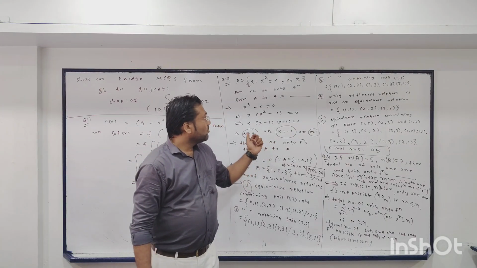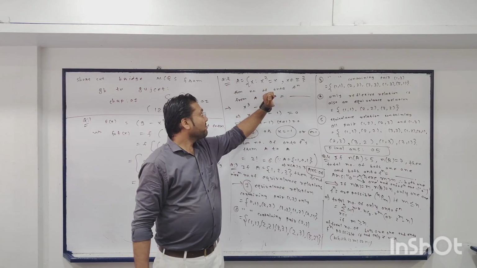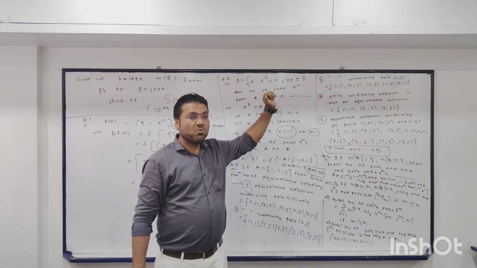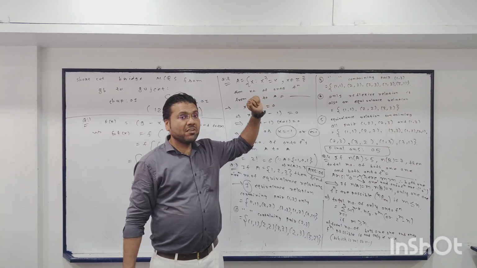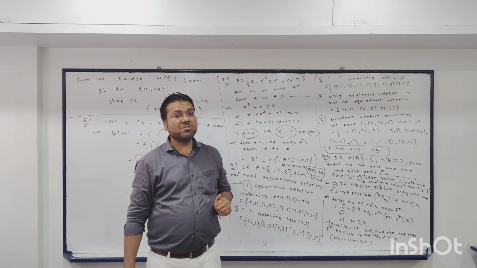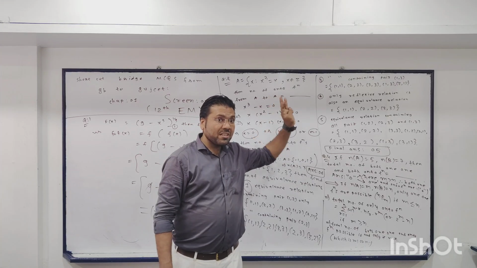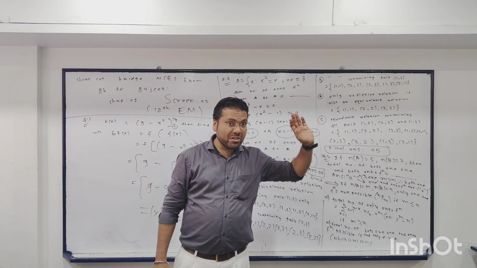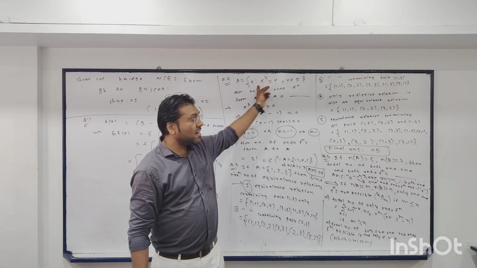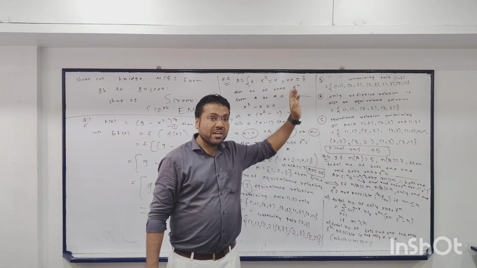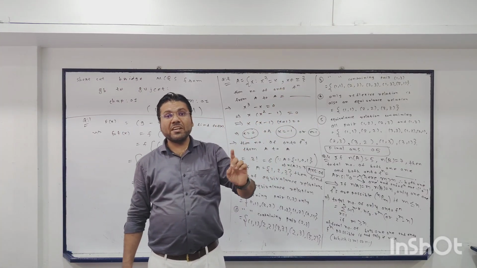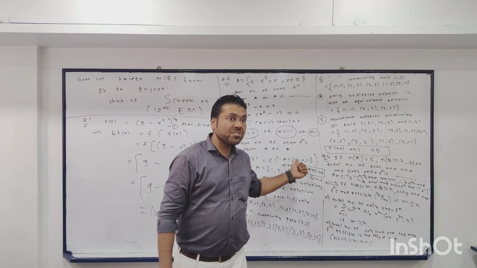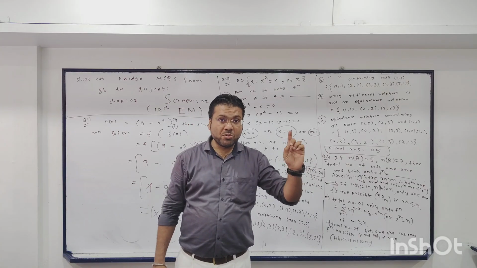So friends, here students will make a mistake like this. x will be cancelled out, x square will be 1, so x will be only plus or minus 1. But because this is a third degree polynomial equation, you can't cancel out x from both sides directly unless a condition is given that x is not equal to 0.